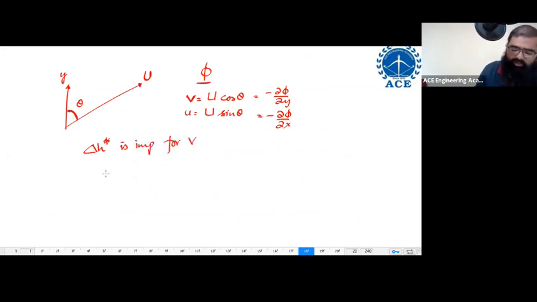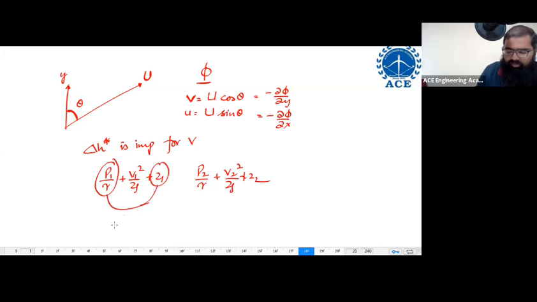Why? You see over here, P1 by gamma plus V1 squared by 2g plus Z1 is there, and P2 by gamma plus V2 squared by 2g plus Z2 is there. Now P1 by gamma plus Z1 combined is going to be equal to H1 star. Sorry, not delta H star, it is H1 star.